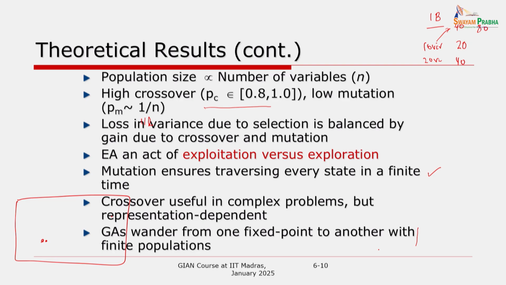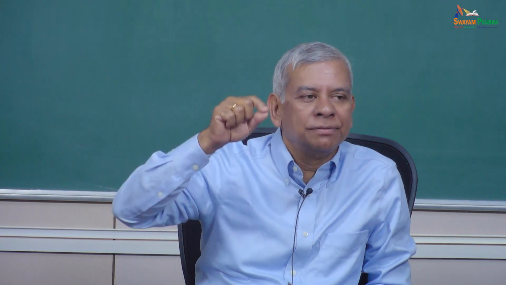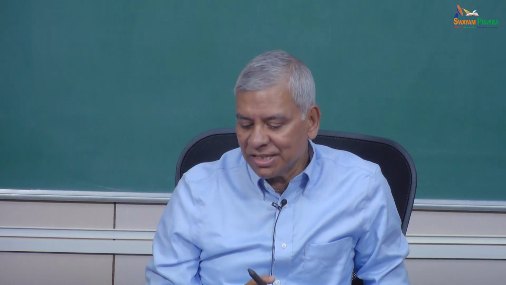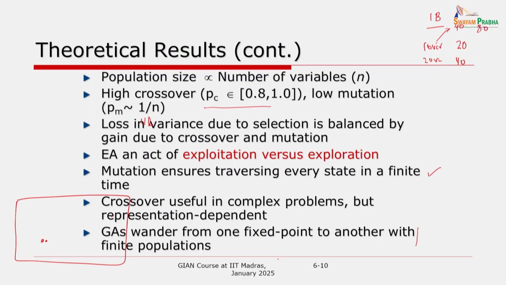But when you do a finite population, you are making an approximation to the infinite population, and that creates lots of artificial fixed points. So when you run GA, it can get stuck in one of those artificial fixed points, and that's why if you run GA several times, you may see that your population is getting stuck at various different fixed points. But we have quite a bit of understanding from all these different kinds of theories.